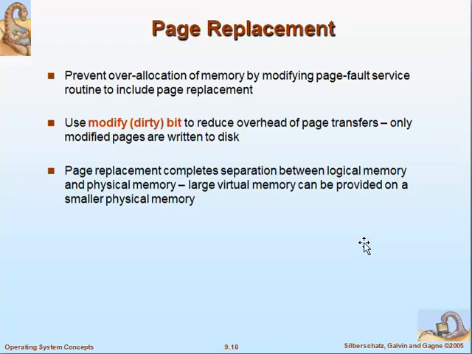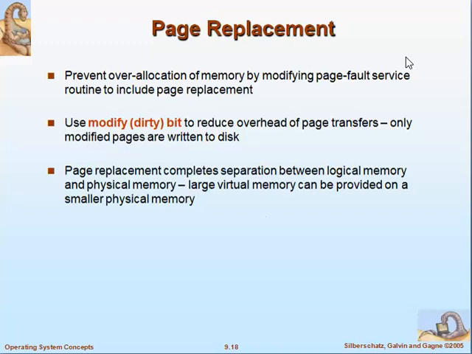A good case scenario is if there are free frames available, then there is no problem. The page requested by the process will be loaded onto the free frames, and the page table will be updated. Let us say the frames are full and there is no available space, then it will use a page replacement algorithm.